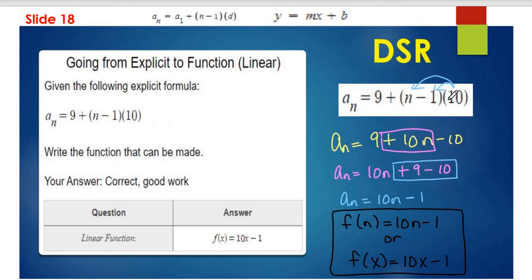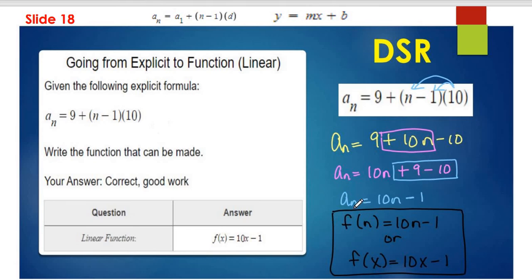You're still distributing. Now you're going to take this, and you see this is your first term, second term, third term. You're going to take your second term and write it first. Then you're going to take your first term of 9 and add it to your last term, and 9 plus a negative 10 will give me a negative 1. So you have distribute, simplify this.